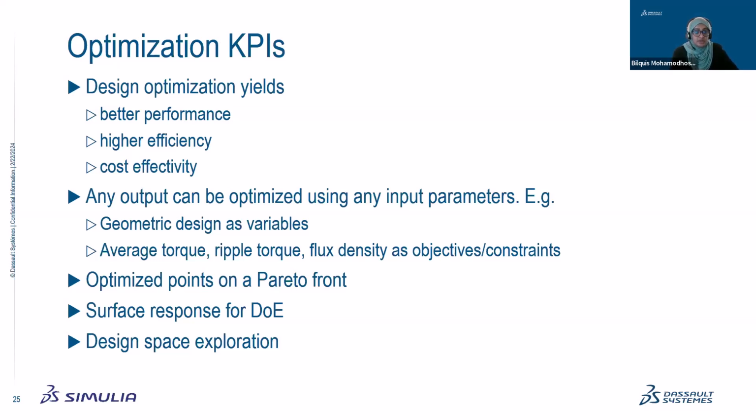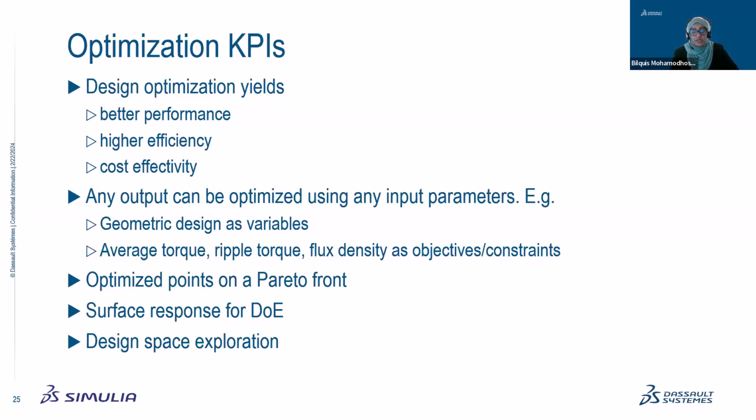Normally we'd use geometric designs as variables, but we can also use any other input parameters as variables, and as objective functions we can use any of the outputs that we've discussed earlier, like, for example, maximizing the average torque, minimizing the torque ripple, and flux density in different regions of your machine as objectives and constraints.